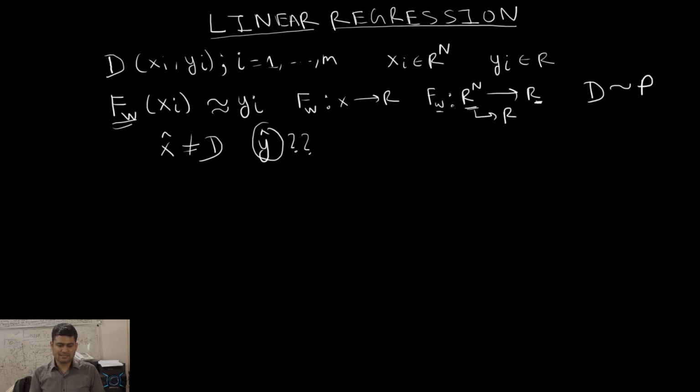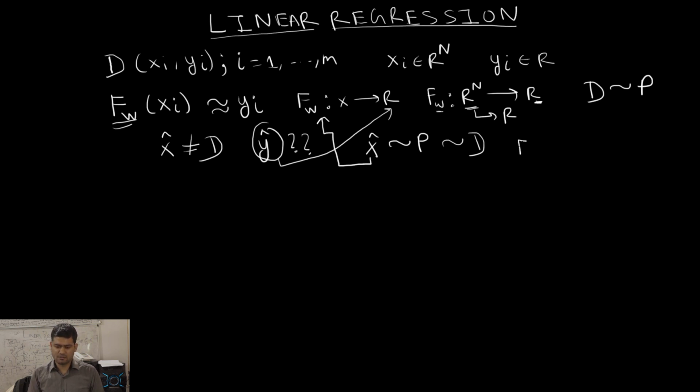Assume that this x hat is drawn from the same distribution P from which the data set D is drawn. In this case, if we have learned this functional mapping f, we can just plug this x hat into the function and get its corresponding value y hat, where x hat belongs to the same distribution.